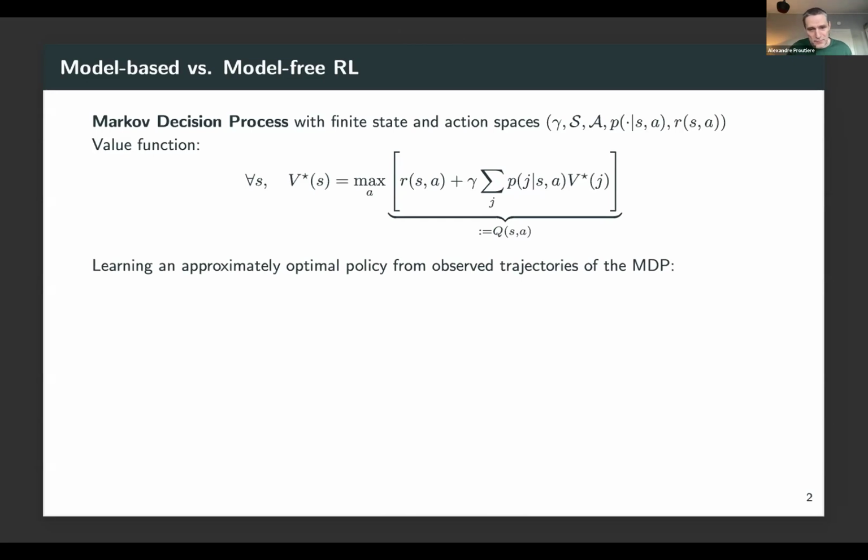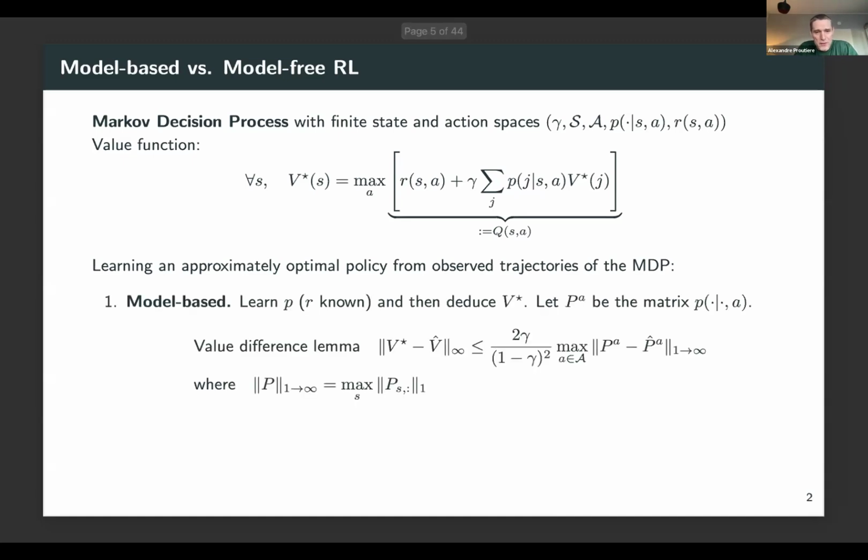So the goal of reinforcement learning is to solve these Bellman equations without actually having access to the reward function or the transition probabilities. So you want to learn an approximately optimal policy by just observing trajectories of the Markov decision process. There are two paradigms in reinforcement learning.